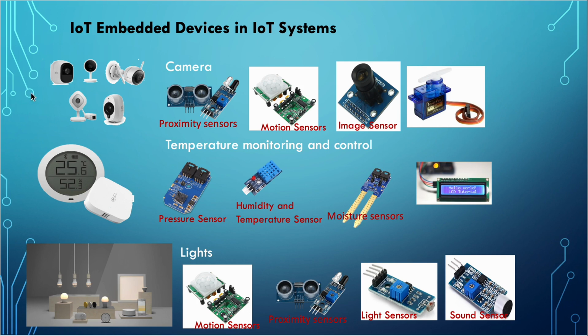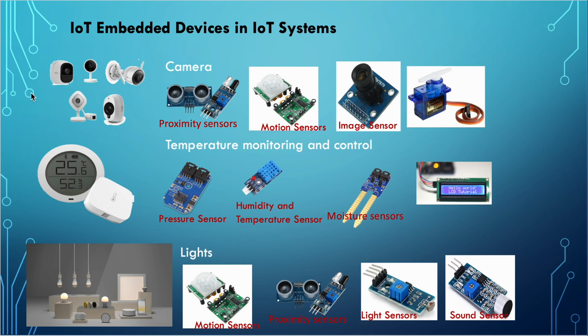So there are different kinds of properties depending on the requirement, but the common category is that there will be an image sensor in each camera.